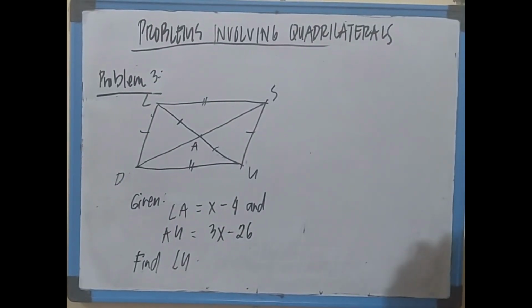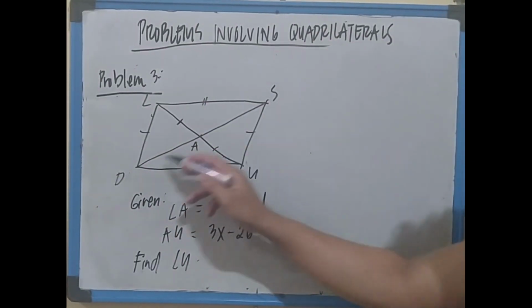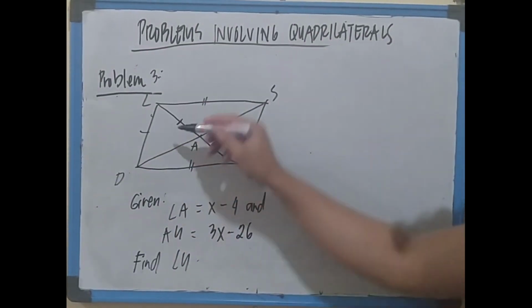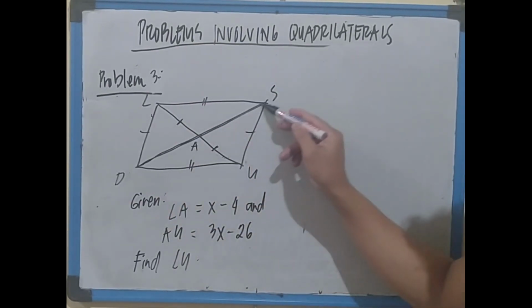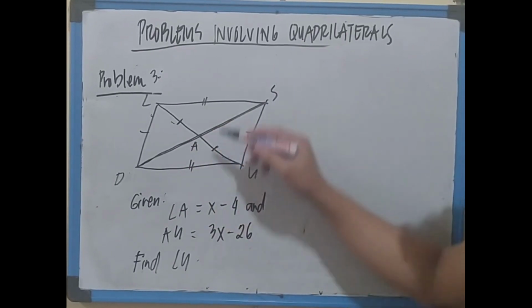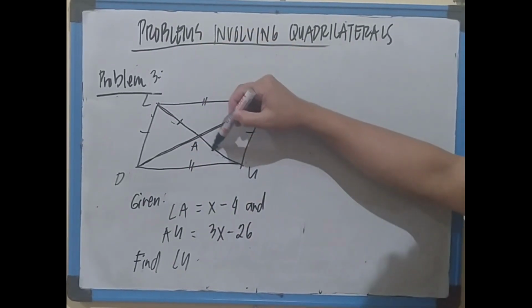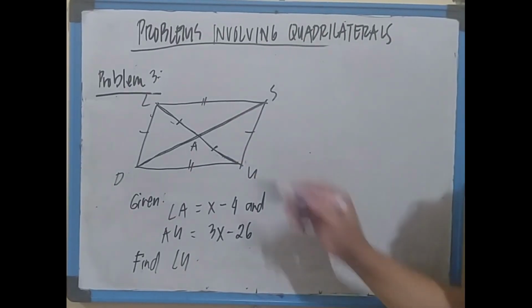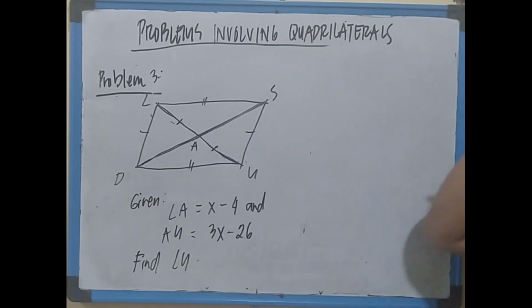Okay, tandaan natin guys, na kapag parallelogram siya, automatic, ang diagonal po ay parehas po ang sukat kapag nahati siya ng isa ring diagonal. Ito yun.